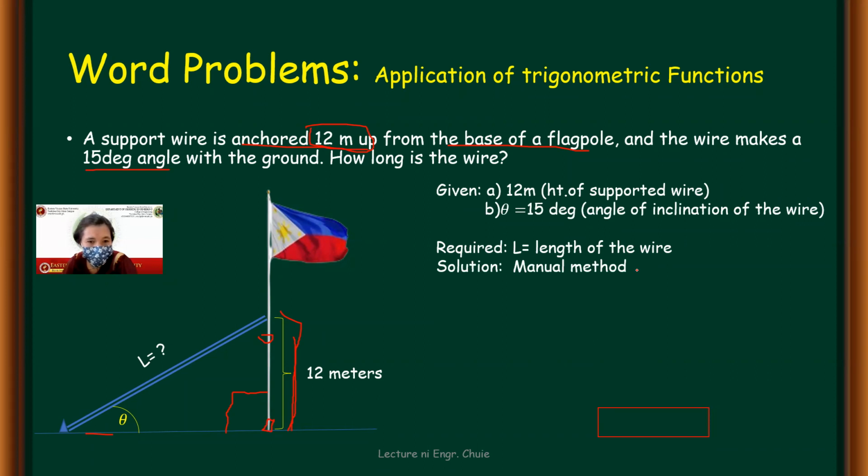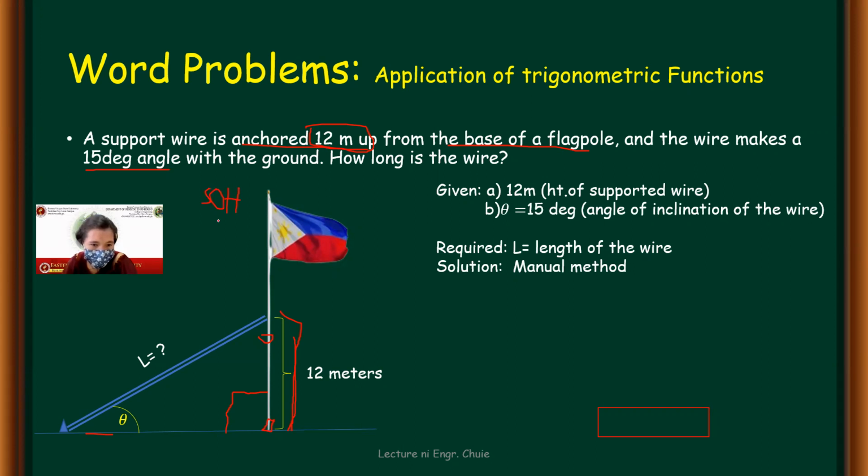So manual method, how are we going to use that one? Are we going to use sine, cosine, or tangent? If we are going to use sine, diba sine of theta is opposite over hypotenuse.